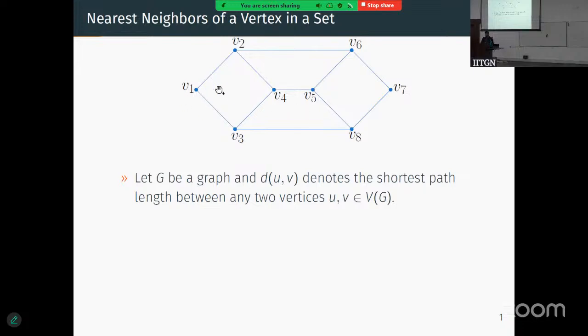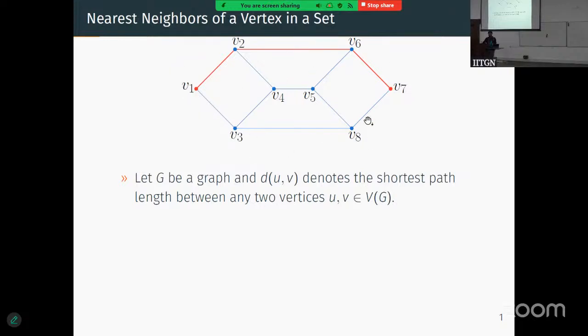Let's take a graph, any graph. This is the shortest distance. This is the shortest one, and this is the shortest one also.